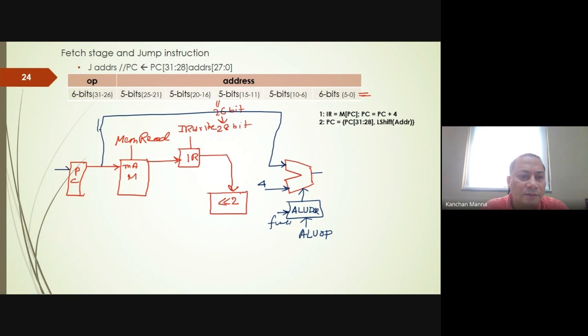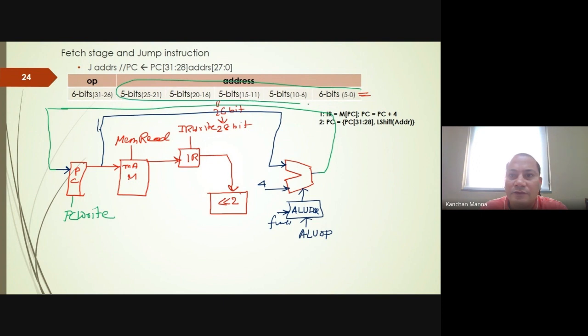So you see that is so this value. Now we have the PC write signal. Next, we have multiplied that offset by 4, and that value is available here.